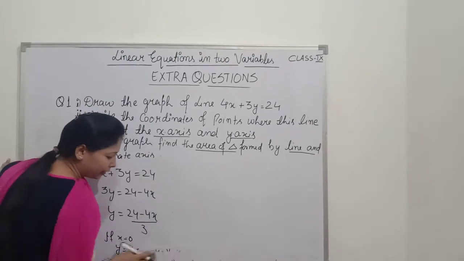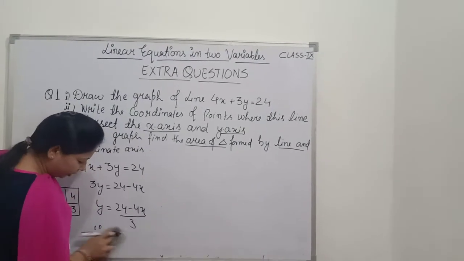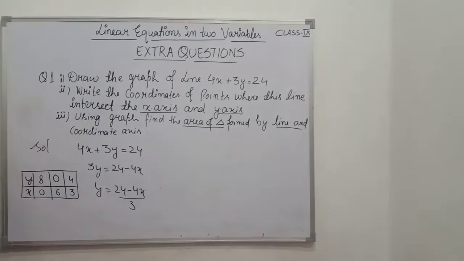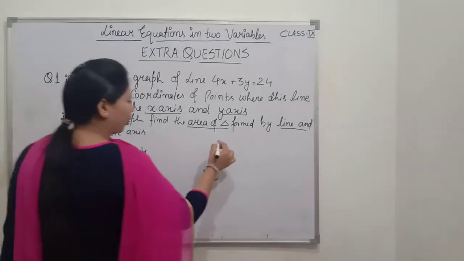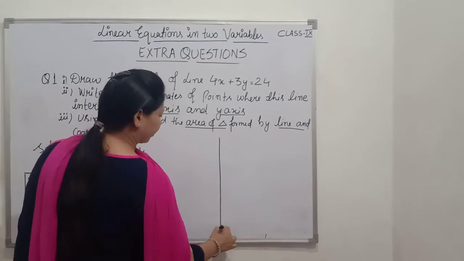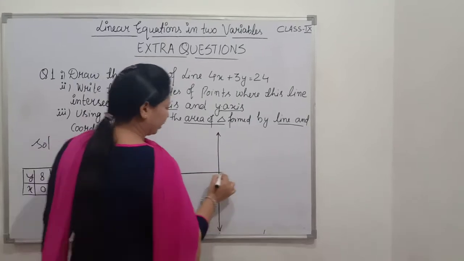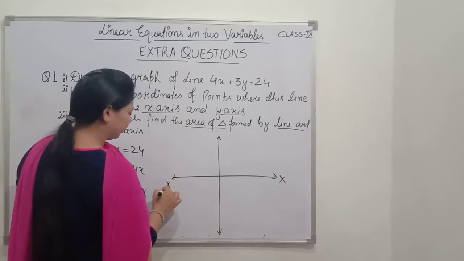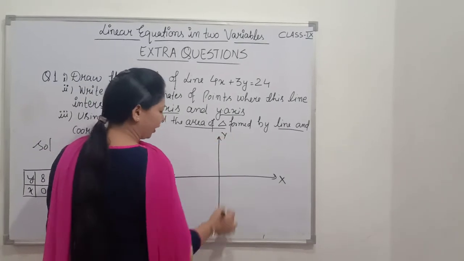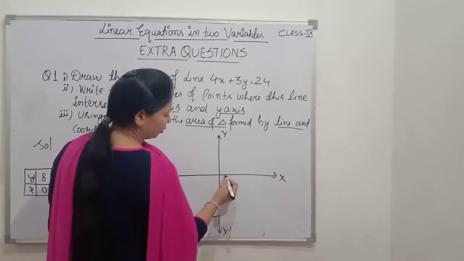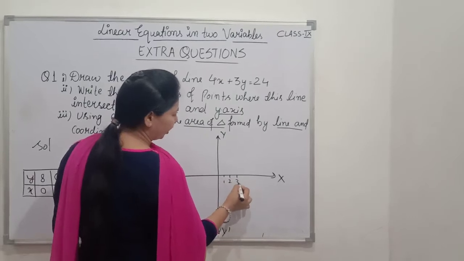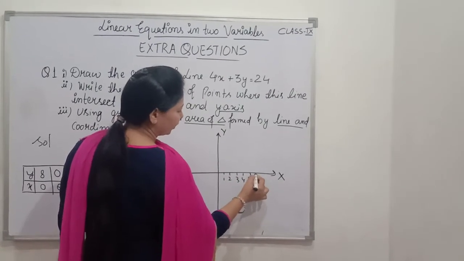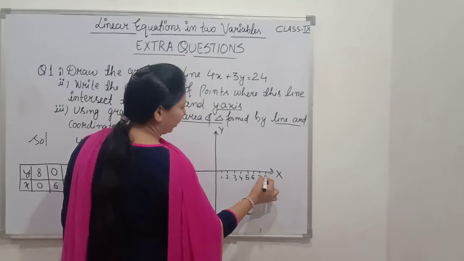Now what will I do? I will plot these points on the graph. Plotting these points, I have to draw the coordinate axes. This is my x-axis, this is x dash. This is y, this is y dash. Now this is 1, 2, 3, 4, 5, 6, 7, 8.